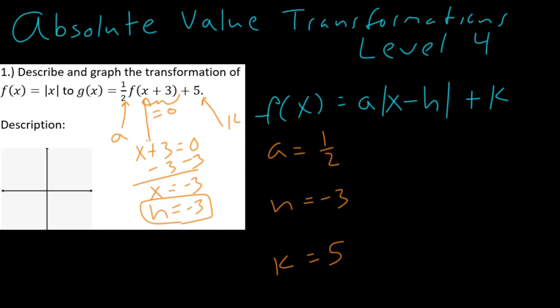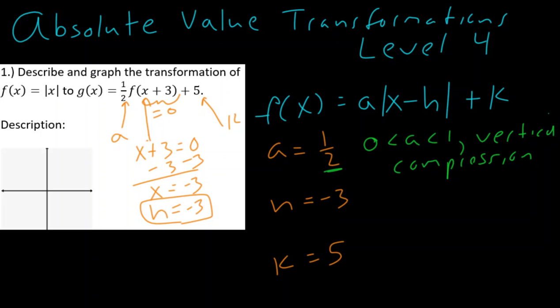All right, so let's go ahead and talk about our rules. We know that when a falls in between 0 and 1, which is what 1/2 is, we have a vertical compression. Remember, if this a term had been greater than 1, we'd have a vertical stretch.